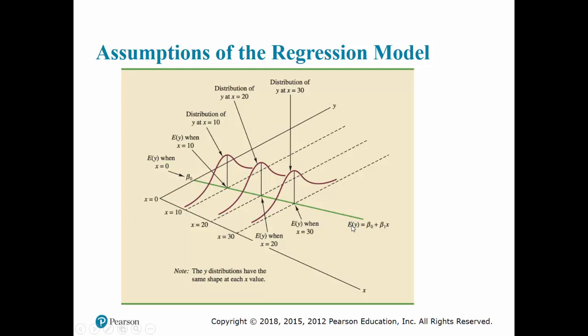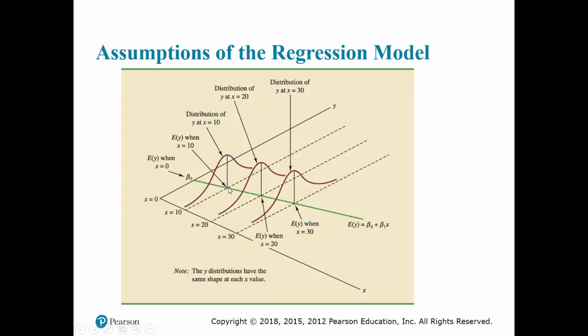Okay, so that is E of Y, which is the same as the mean. So the mean of Y falls on a straight line. So if the mean of Y falls on a straight line, then for each possible X value that we have, Y comes from a distribution for which the mean is here. The mean is given by beta sub 0 plus, you plug in that X, whatever you get, that's your mean.